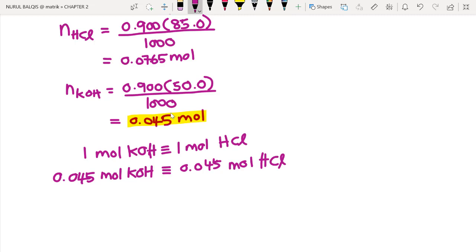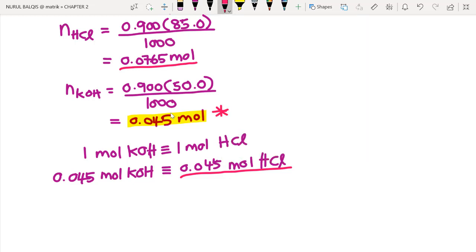The amount needed in the reaction is 0.045 mole HCl, but the amount provided is 0.0765. So we can see that HCl is an excess reactant, meaning that our KOH is the limiting reactant.